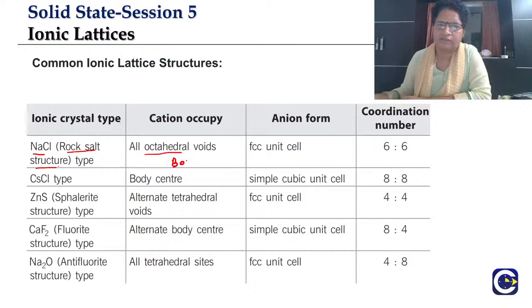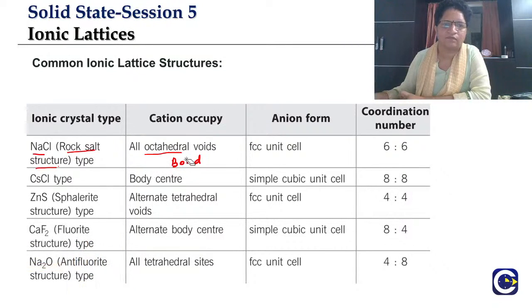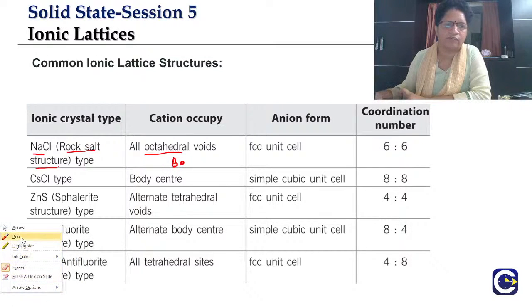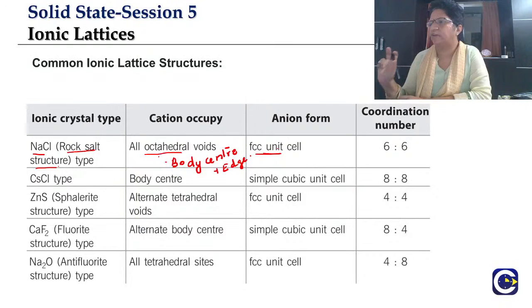At the body center and the edge centers. Yes. All cations are present at octahedral voids while the anions make up the closed pack structure.